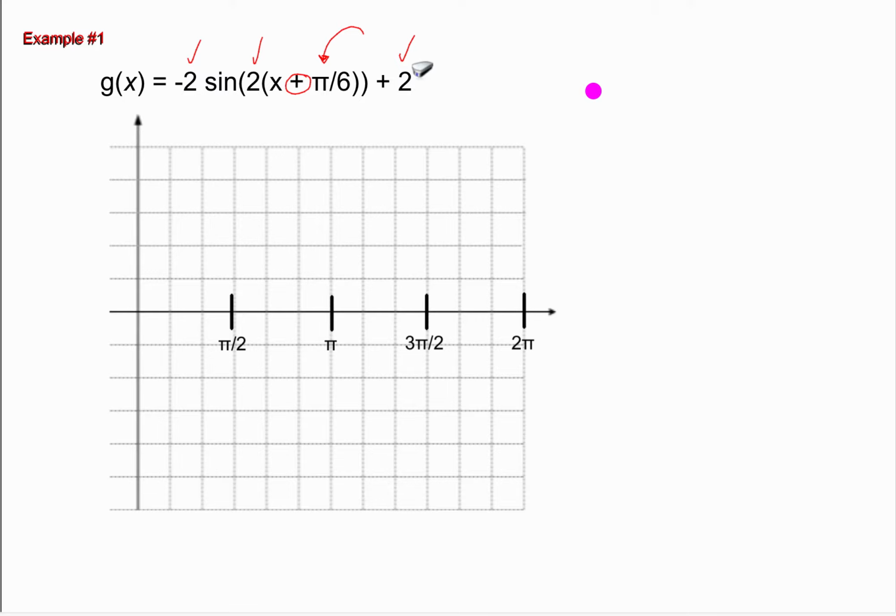So I'm going to look at this, since you guys were actually pretty good at this, with no phase shift. I just look at it as -2 sine 2x plus 2. I graph that. All right, so we started off with saying that this tells us there were 2 sine waves in 360.